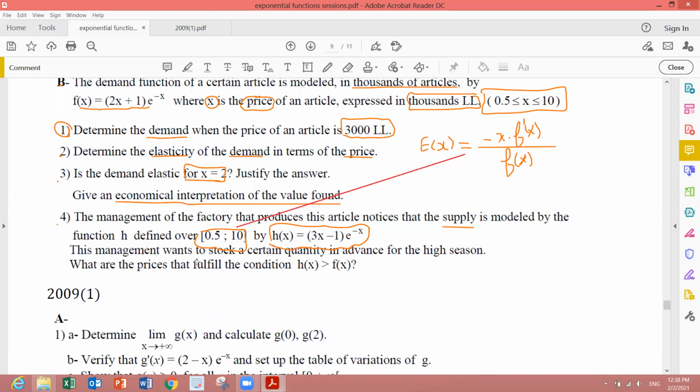Now, the management wants to stock a certain quantity in advance for the high season. What are the prices to fulfill the condition h(x) greater than f(x)?